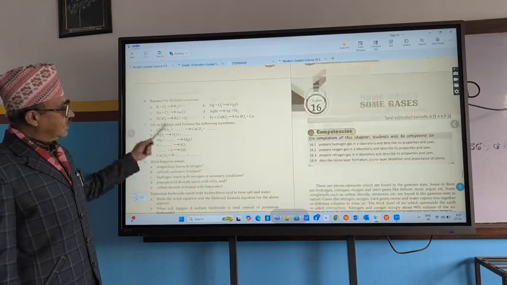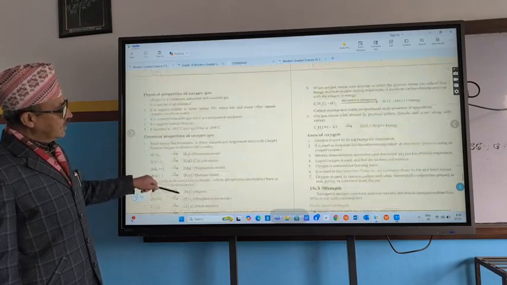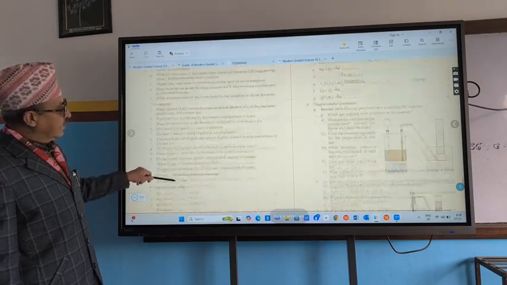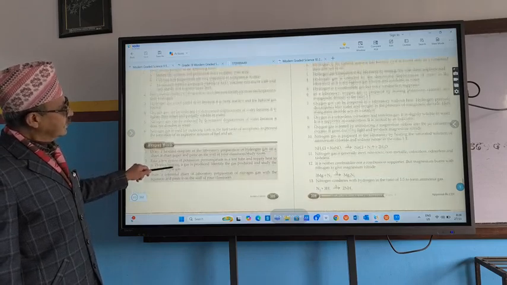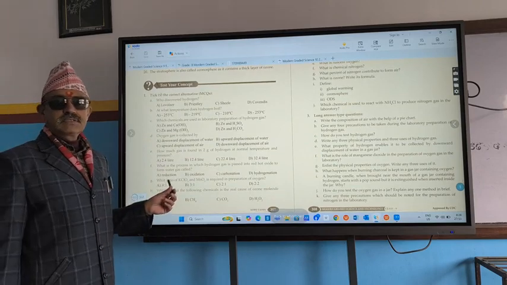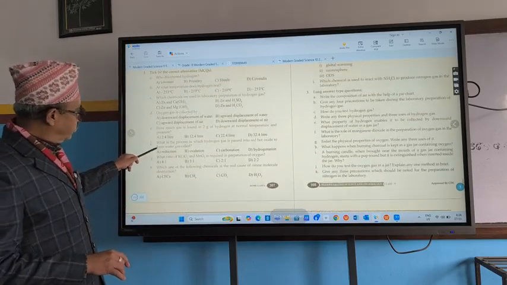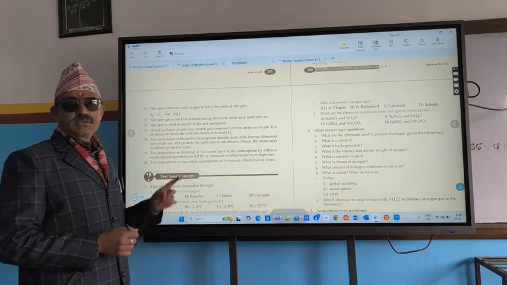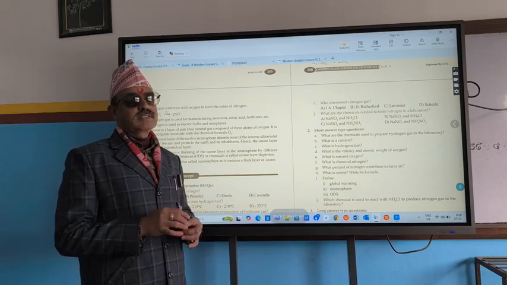And next one, MCQ from some gases. How many MCQs are there? 8 are there? 8. A, B, C, D, E, F, G, H. Got it? Okay. 10 are there? In this book, 8, 9, 10. Yes, right. So these MCQ you need to practice, revise and memorize everything.